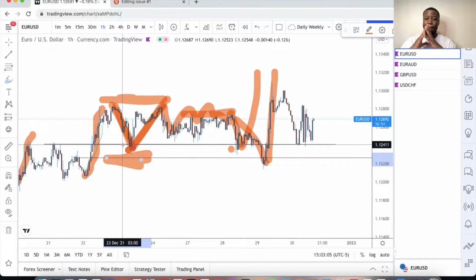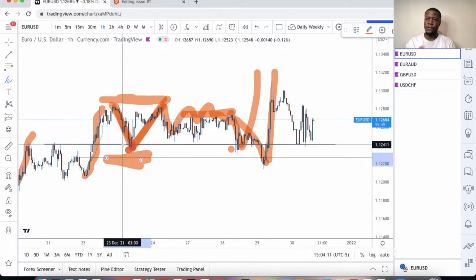Now here's the major confluence that should allow you to get in this trade. So this trade happened during the London session, right? And during the London session, you can expect a false move if it hits a key level, a higher time frame key level.